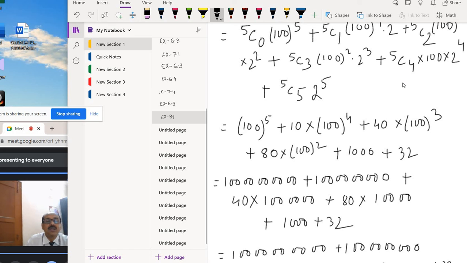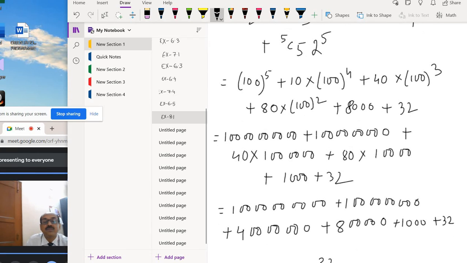Factorial 5 by factorial 4 into factorial 5 minus 4, that is 1. So 5 into 16 is 80. That means 8,000. This is the second last term, 8,000.